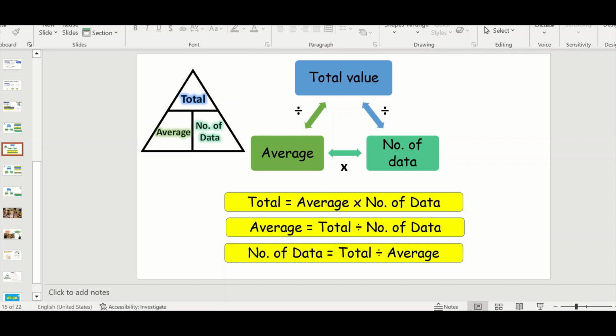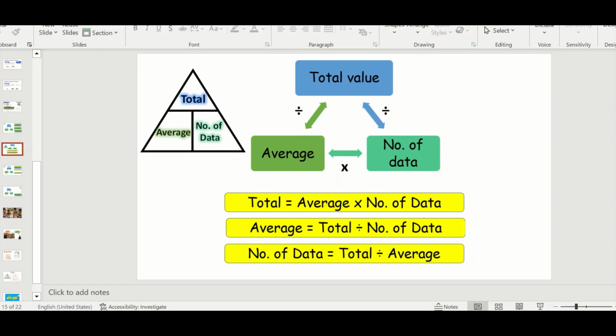It's about a multiplicative relationship between these three identities, with total being the whole. So we have something like a part whole number bond relationship, where to find the average, we use the total divided by the number of data that we have.